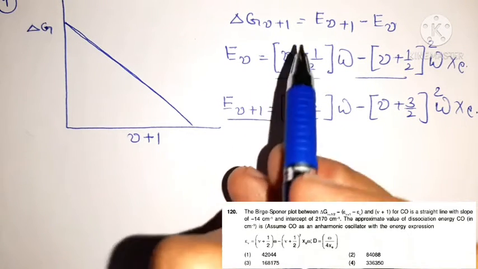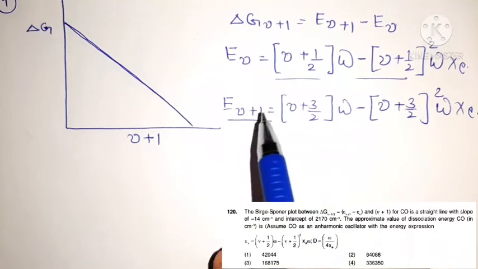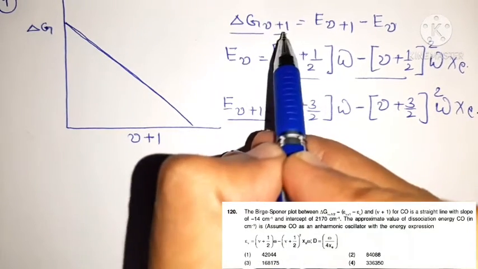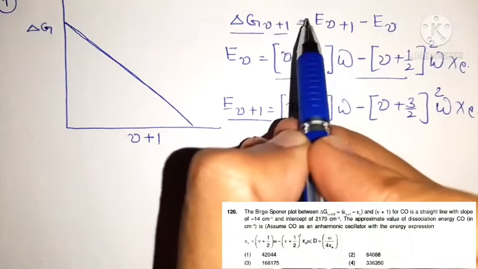Now place the values of E nu and E nu plus 1 into this expression, that is delta G equals E nu plus 1 minus E nu.